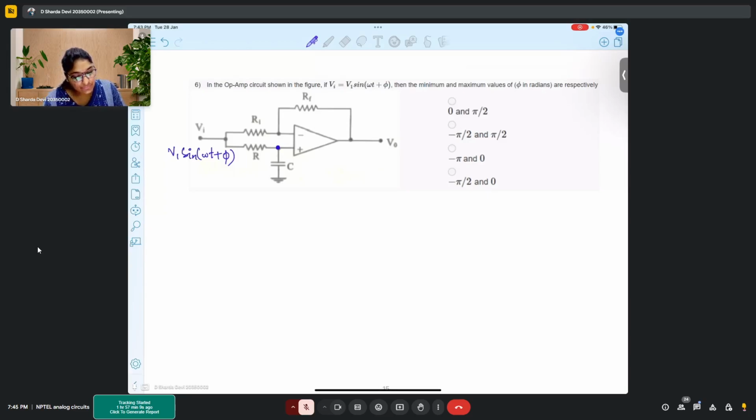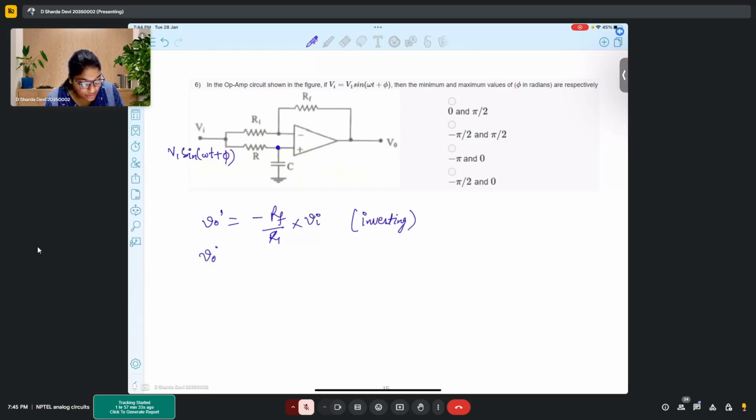In case of inverting configuration, you get Vout dash as minus RF upon R1 into Vi, correct? This is the inverting configuration.